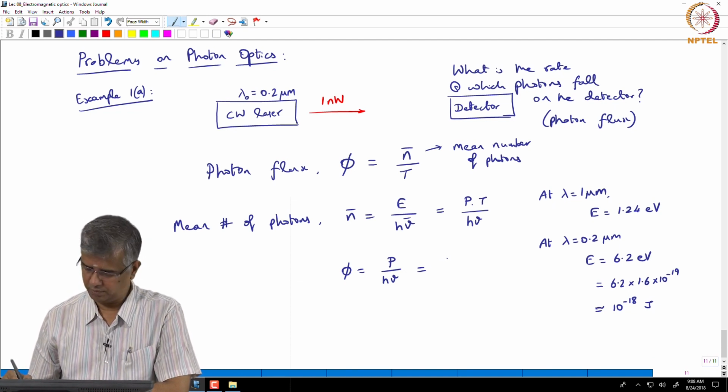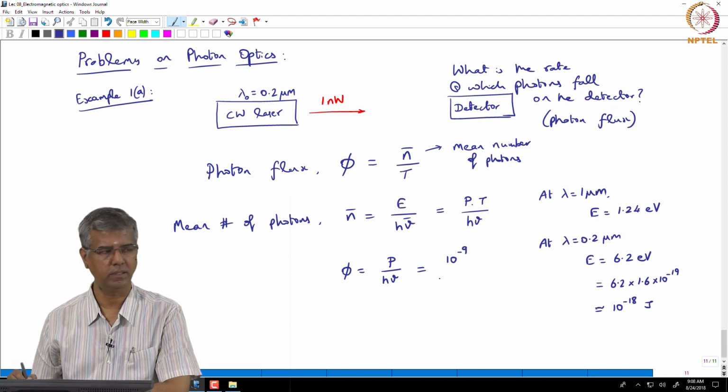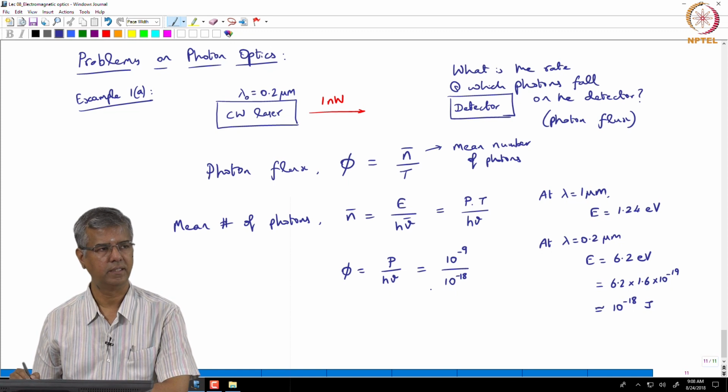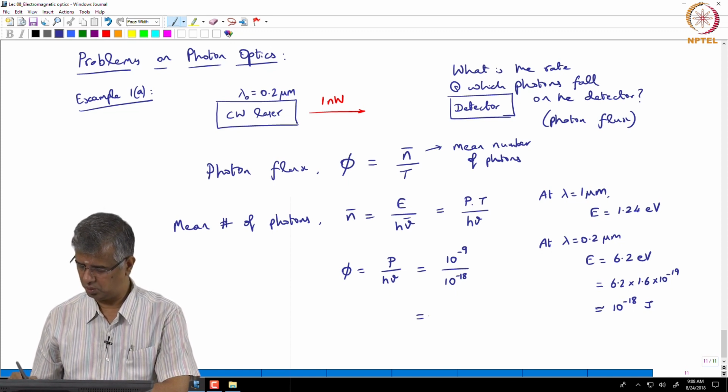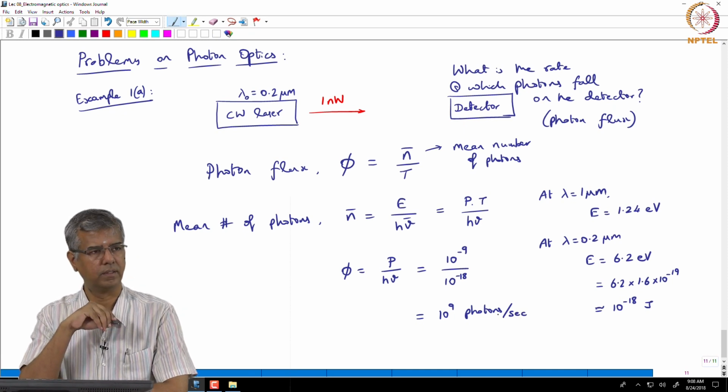So, the power that is given is 10 power minus 9, right, 1 nanowatt, and h nu we figured as 10 power minus 18, okay. So, that corresponds to 10 power 9 photons per second, right.